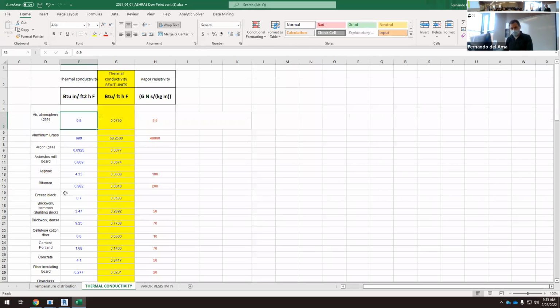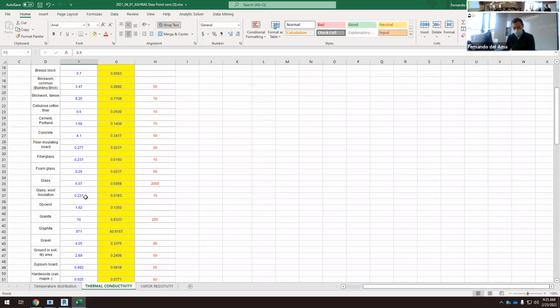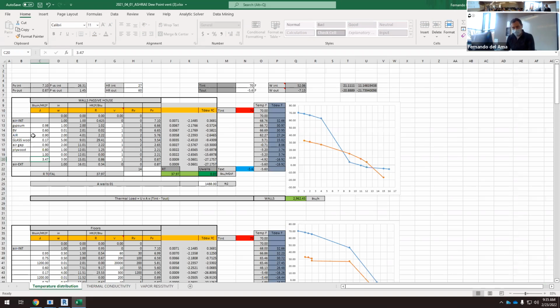Then we check the thermal conductivity of glass wool insulation, 0.23. The thickness, with 5 inches. So let's complete the detail, and then we will find out the width of this.